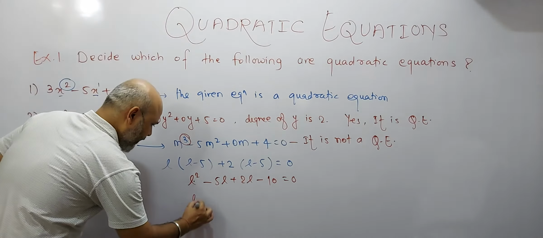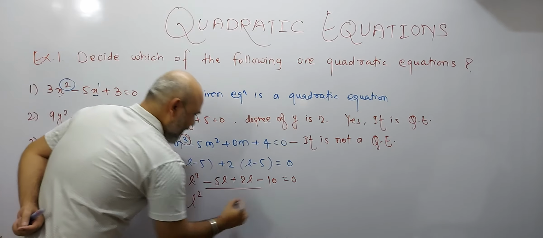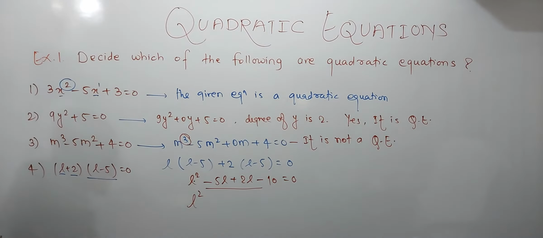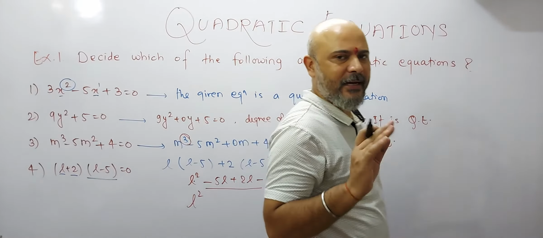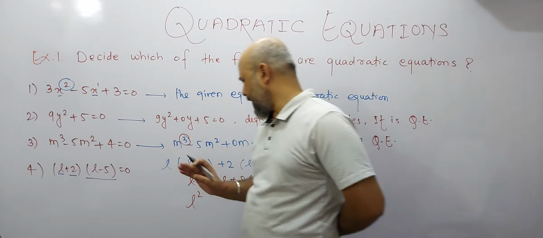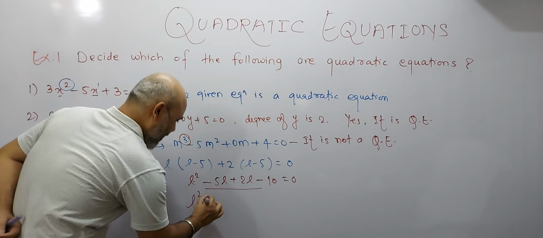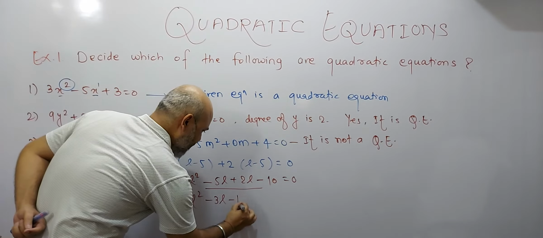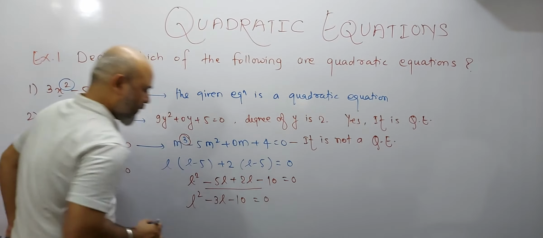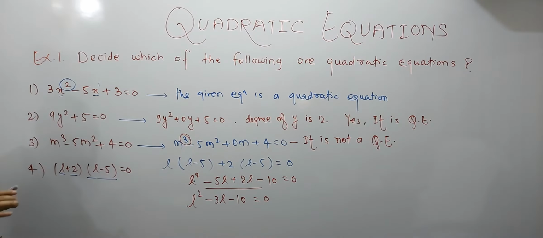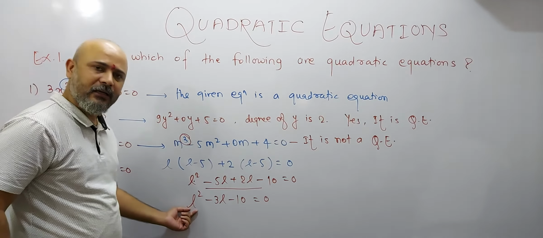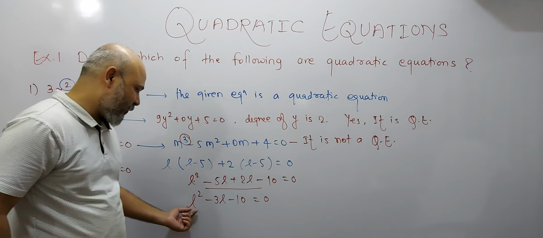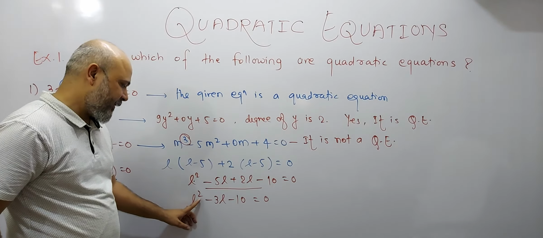So this will be what? l square. What will be the addition of minus 5l plus 2l? So minus 5 plus 2 is minus 3. So you get minus 3l minus 10 is equal to 0. Okay. Now this equation contains only one variable, that is l. And what is the highest degree of this variable l? So you will get 2.